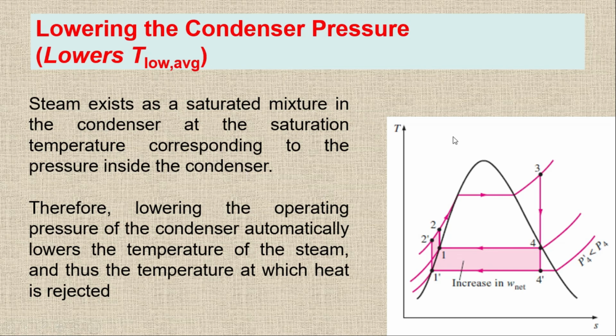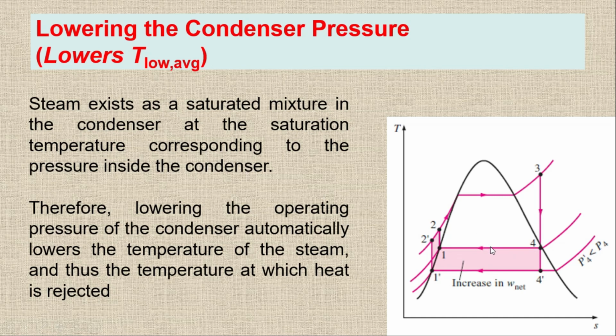As we know, the steam exists as a saturated mixture in the condenser at the saturation temperature corresponding to the pressure inside the condenser. So here if you have the pressure, you will get the saturation temperature, and because we are in the condenser, we will have the vapor mixture region, so from 4 to 1 the temperature will be the same. As we discussed in the last slide, if we decrease the average temperature in the condenser, then we can increase the efficiency.